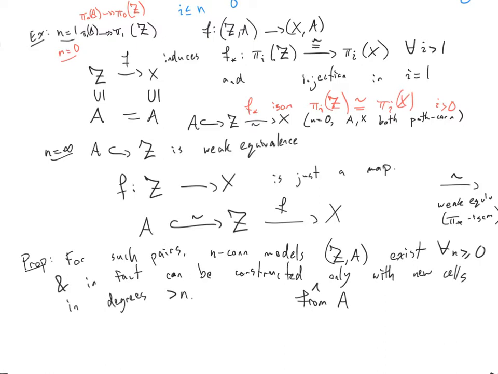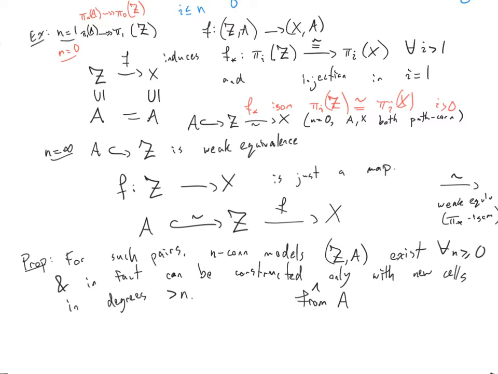So you should think that we're taking A inside of X, which is already weakly equivalent to itself, and we're going to just start adding cells only in degrees bigger than n to adjust the higher homotopy groups to look like X is. And we can do this by adding on new stuff that surjects onto the homotopy groups for X, and then killing any additional relations that are in the kernel to get an equivalence going up.